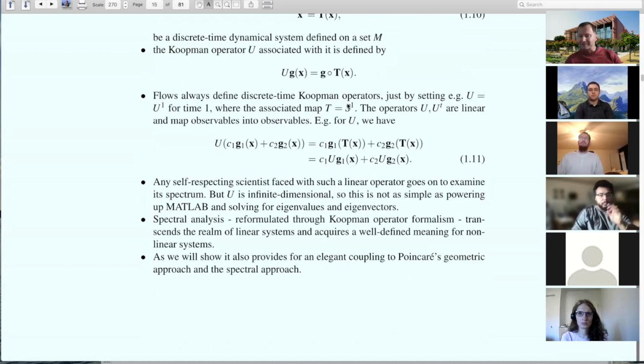Yes, Alexander. So the time step that T moves forward, is that only one discrete time step, or can it be arbitrary? Yeah, I was just about to go there. It's a very good question. What is interesting, and we will talk about this, is that it sort of doesn't matter.